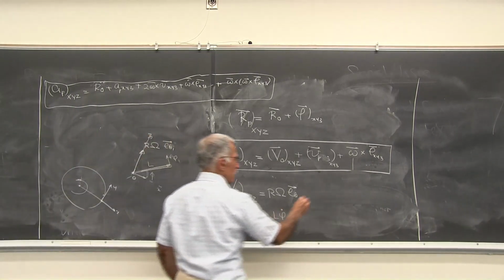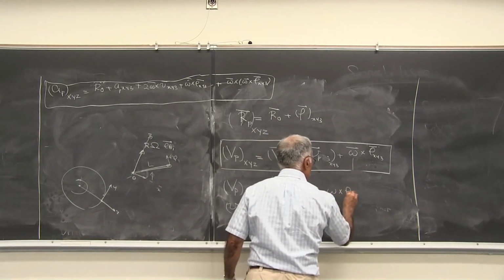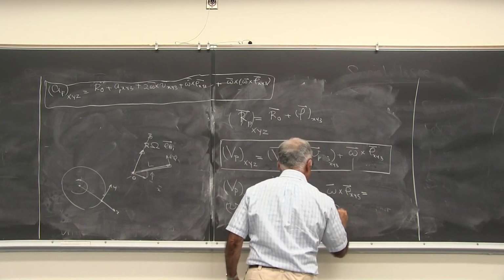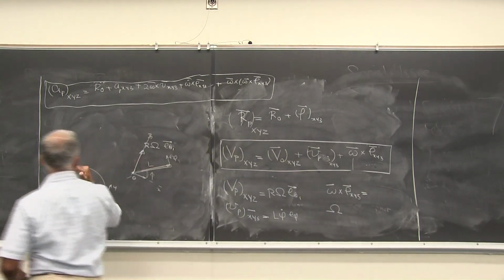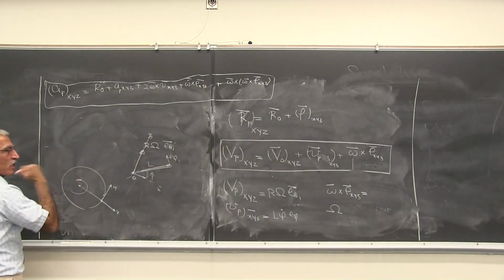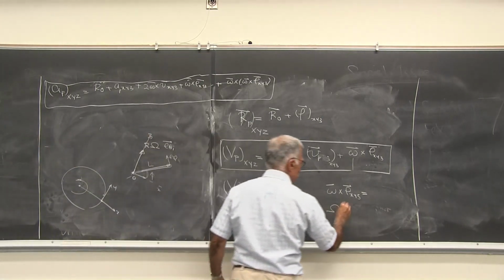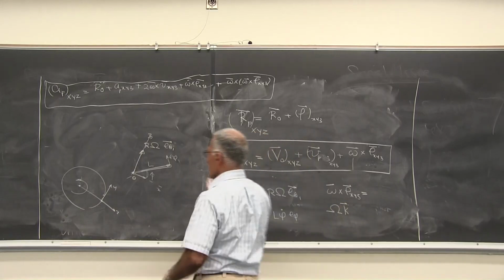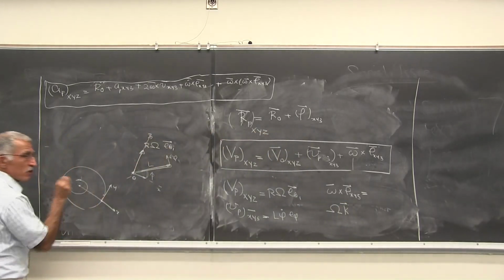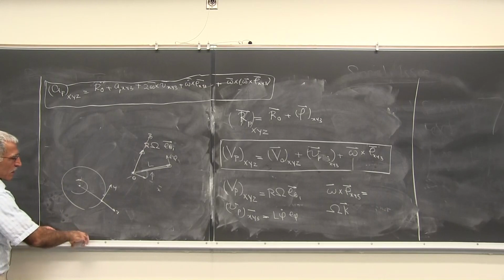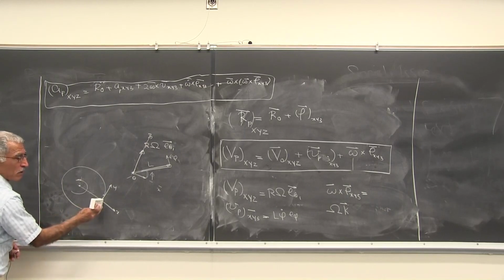So you can say omega times rho xyz is equal to omega, and that vector, omega, is coming out of the page. You can say omega k, and k is coming out of the page, in this direction, perpendicular to the board.